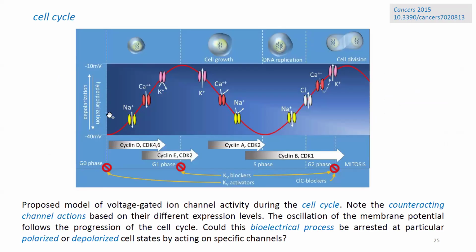In the cell cycle, and the transitions from the polarized cell state to the depolarized cell state, we see that along the cycle and along these transitions, a relatively small number of voltage channels are in this case controlling the changes of the cell potential along the cell cycle.